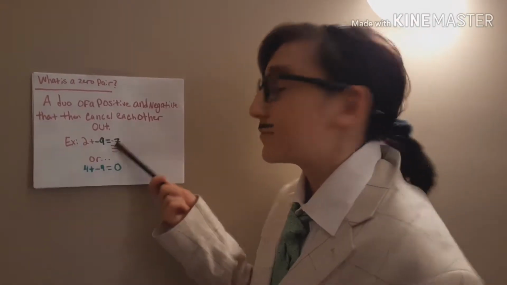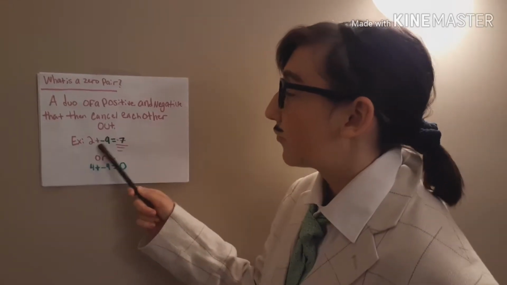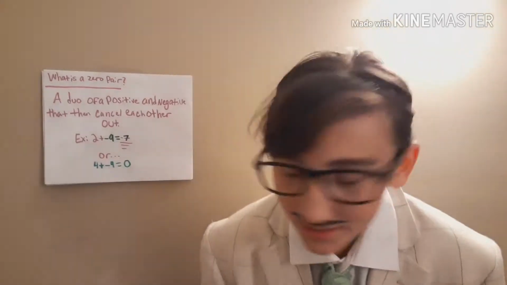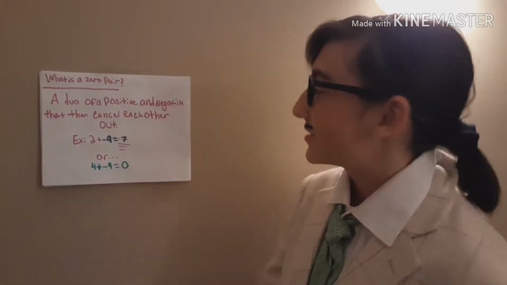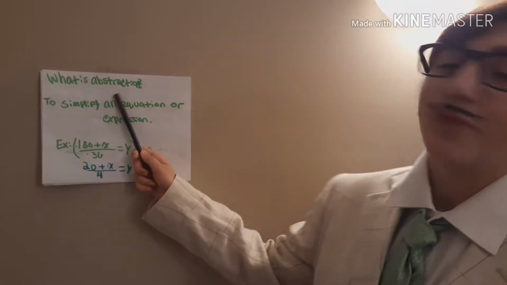You're essentially subtracting the lesser number from the bigger number. And whether that be the negative or the positive, it can fluctuate essentially. So there's that.